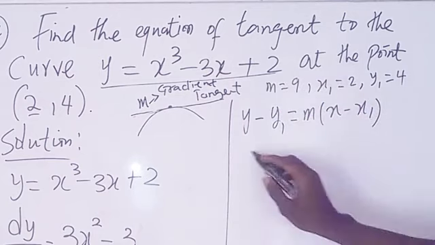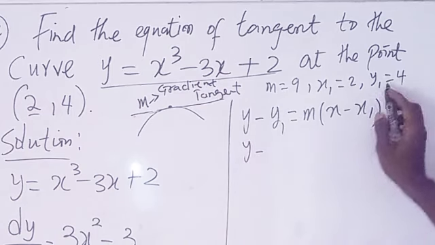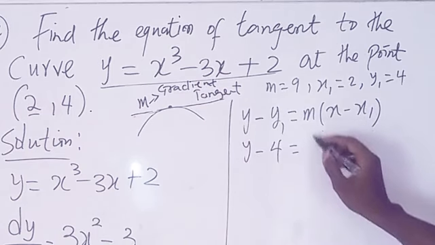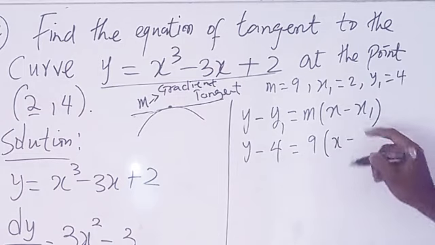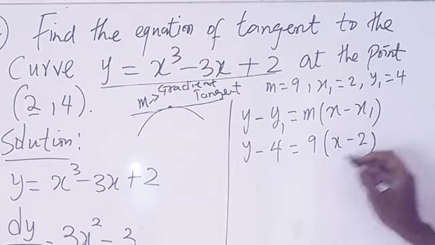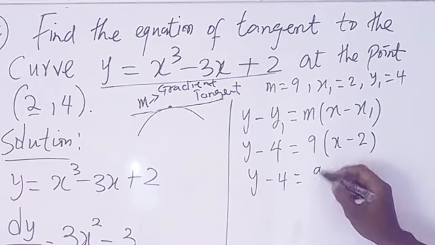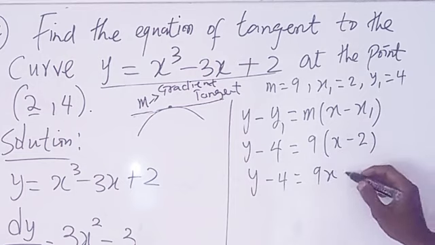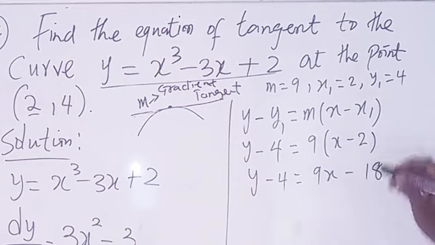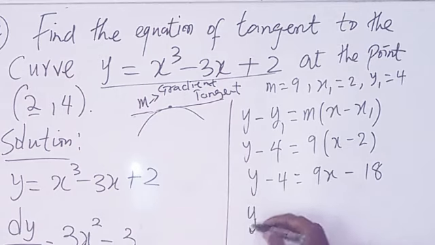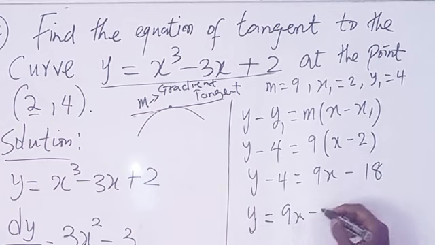Do you understand? So we have y minus 4 equals 9 times (x minus 2). Try to open the bracket. 9 times x we have 9x, 9 times 2 we have minus 18. Are you getting it? So from there we have y minus 4 equals 9x minus 18.